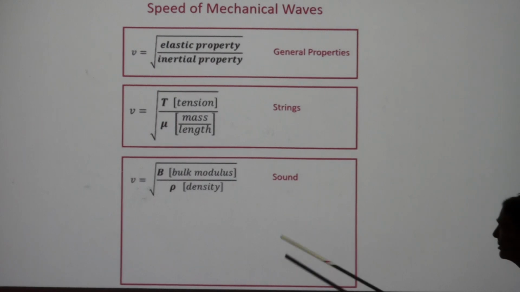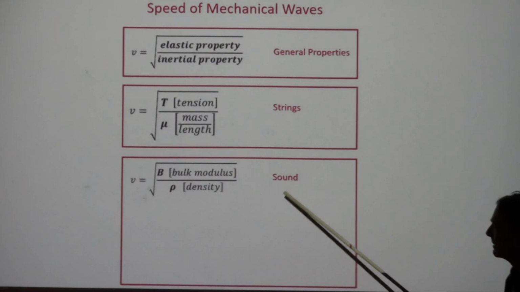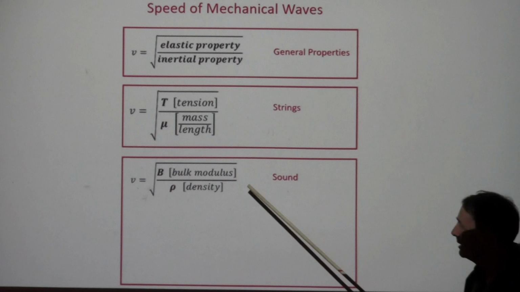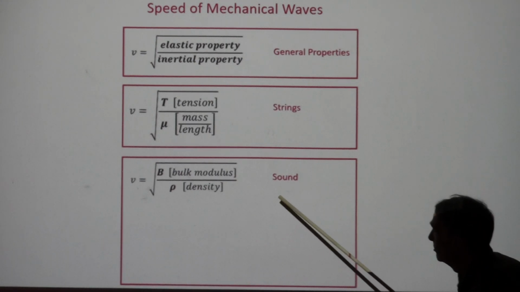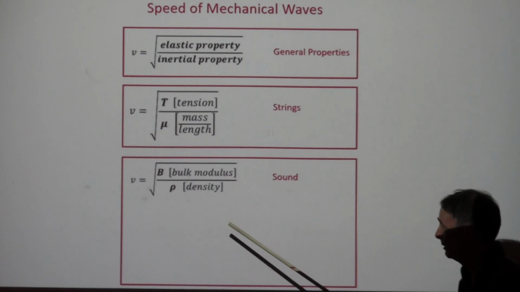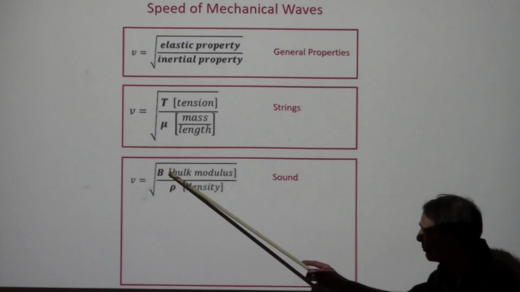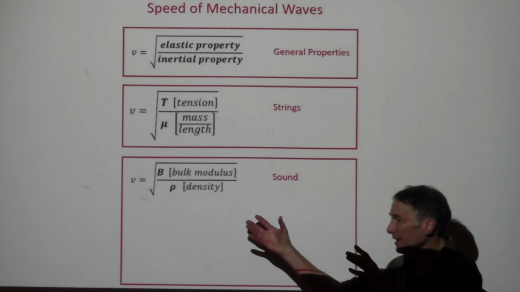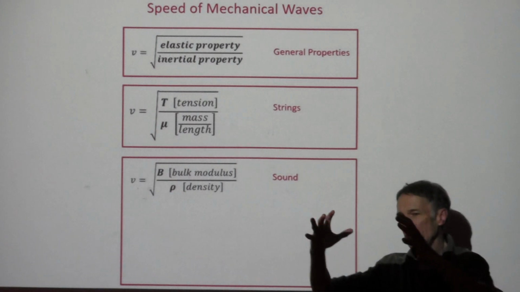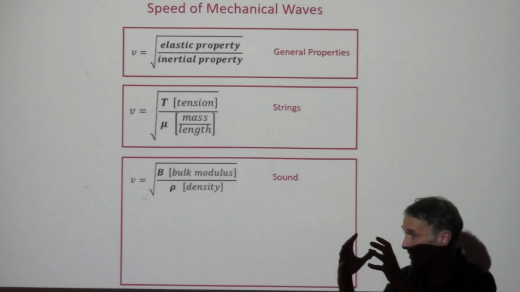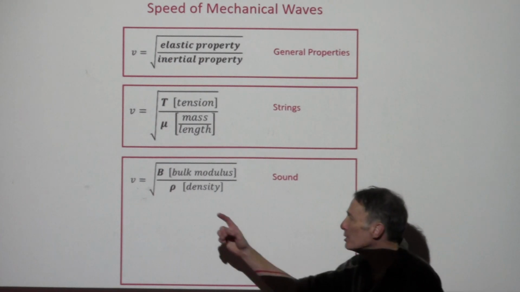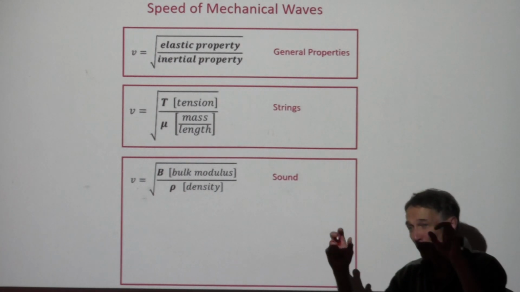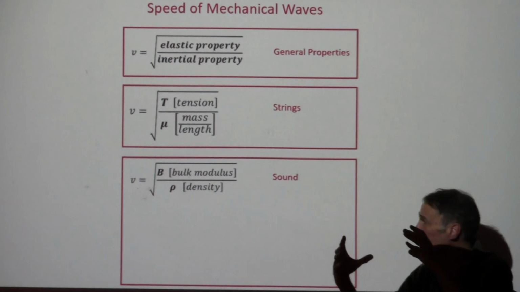Sound, this is just asserted, and it's not really proven yet. We need to actually get into some thermodynamics before we can do this in general. Generally, this bulk modulus is sort of like Hooke's law, where I think of a balloon. If you crush it down, it wants to spring back. And this bulk modulus is sort of like the force constant, almost like k for a spring.